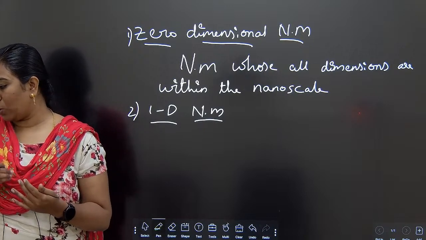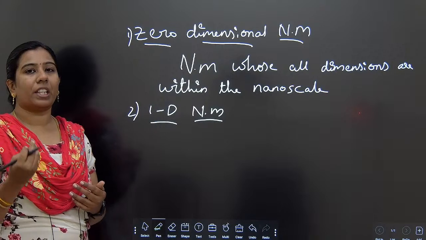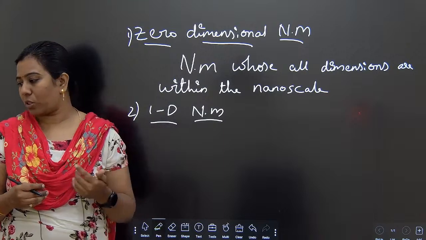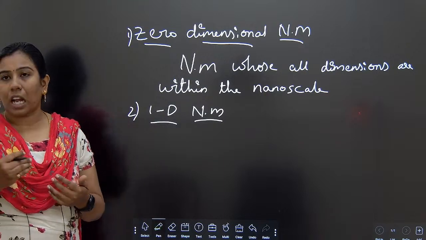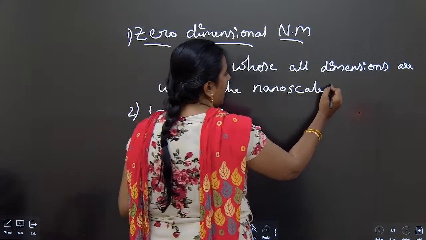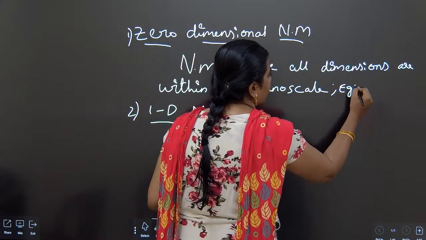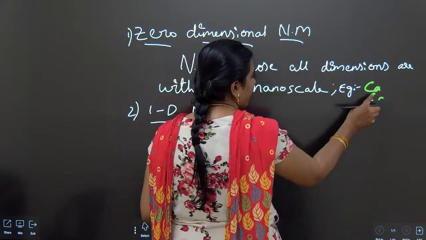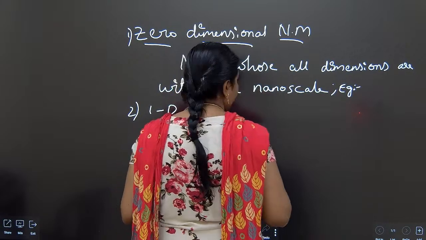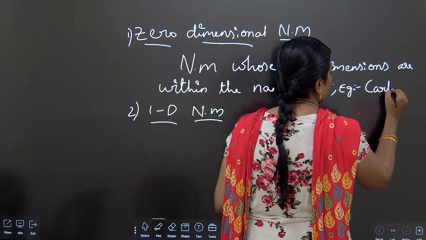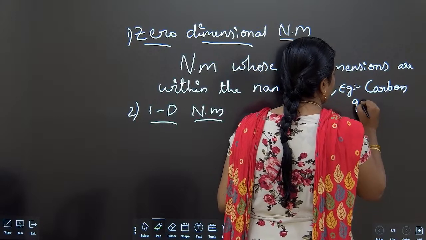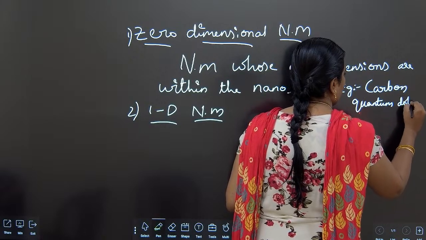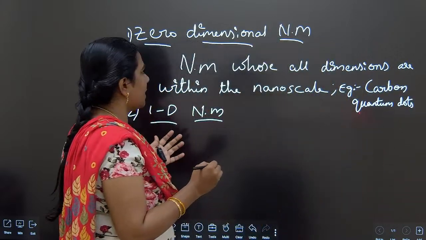The example for zero dimensional nanomaterials is carbon quantum dots. Okay, so this is zero dimensional.